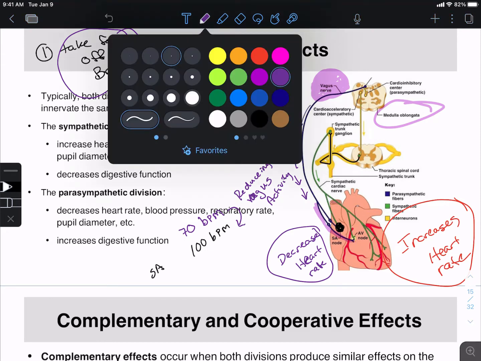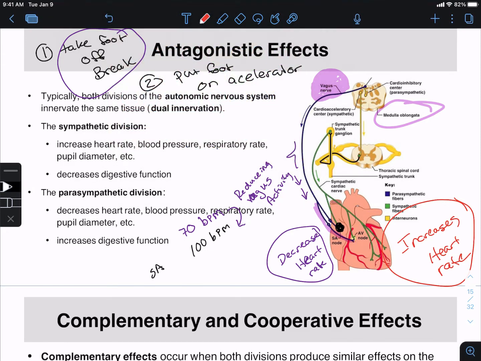But then if we want something more than 100, let's say we're working out, and maybe we're on the treadmill and we need our heartbeat to be 130 beats per minute. What we do is we've already taken our foot off the brake. Now we're going to put our foot on the accelerator. We're going to increase the sympathetic cardiac nerve activity.